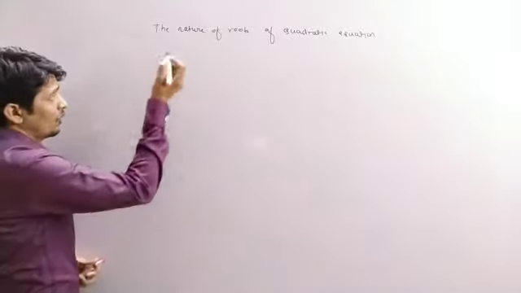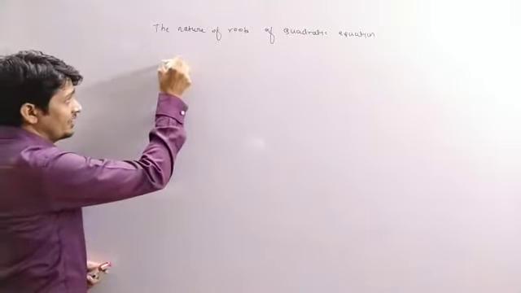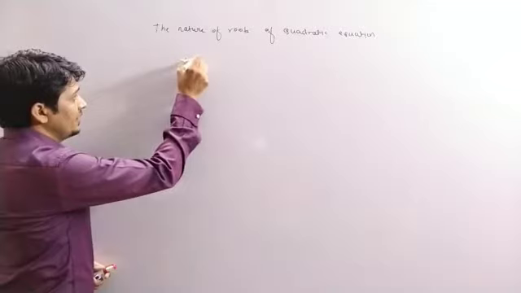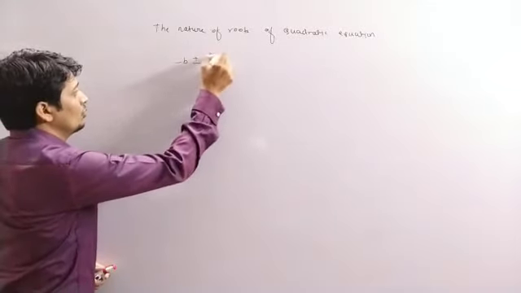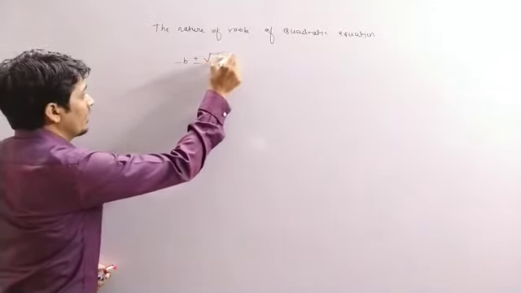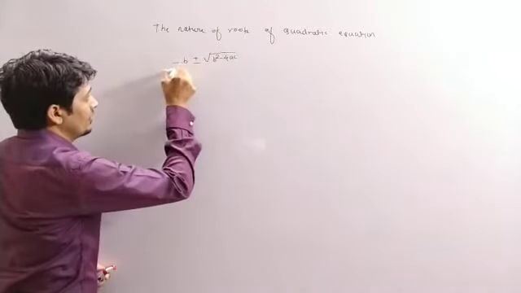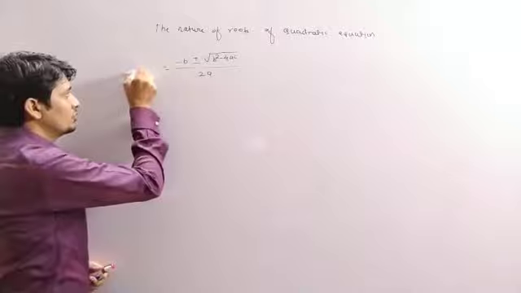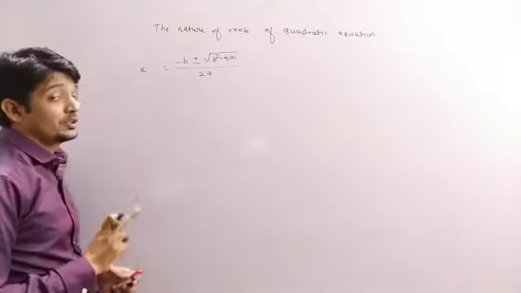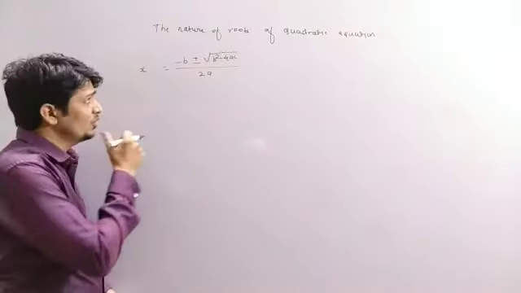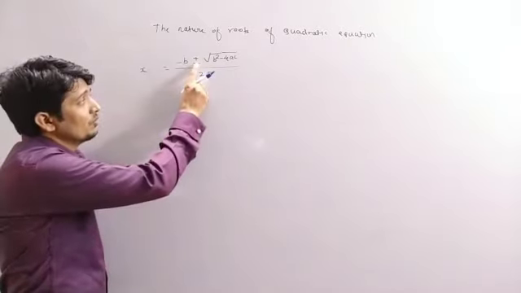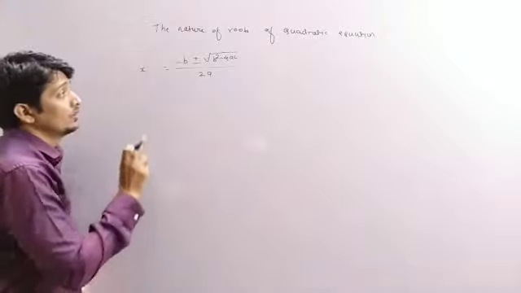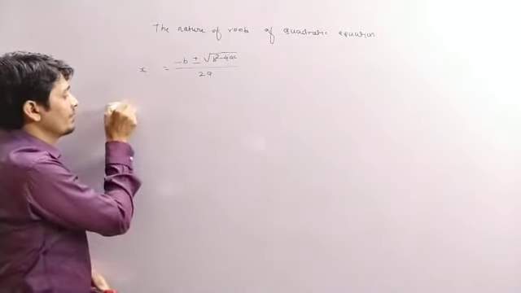So we have a formula. What is the formula? It is x equals minus b plus minus root b square minus 4ac divided by 2a. We will take one positive and one negative.